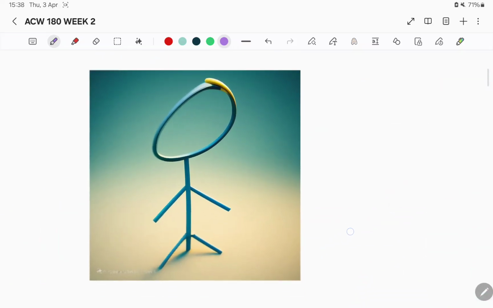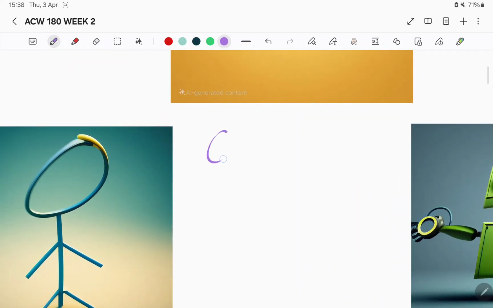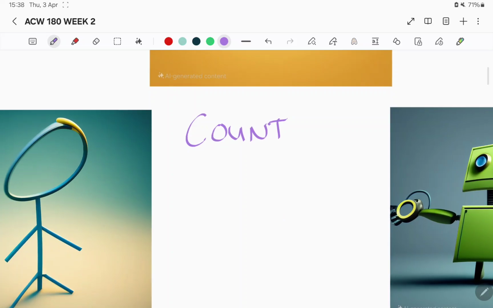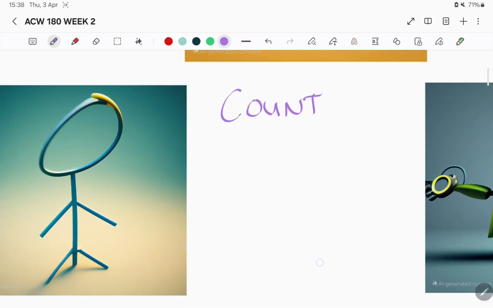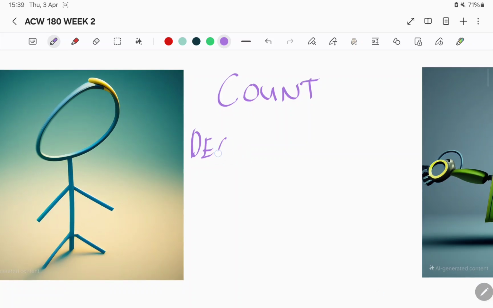First of all, we need to know that computers and humans count differently. We use the decimal system, this is us.